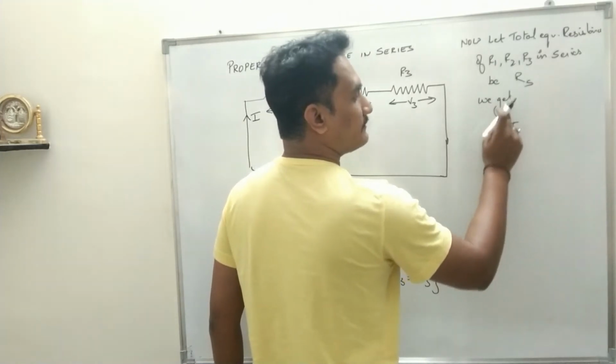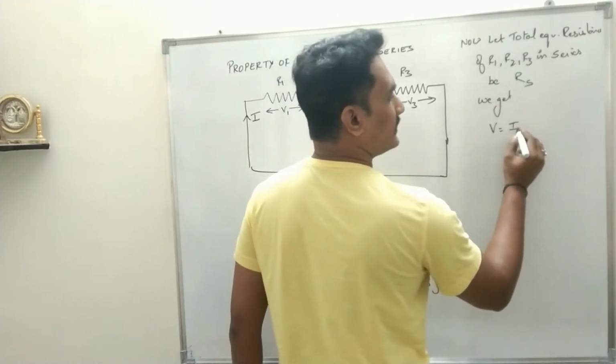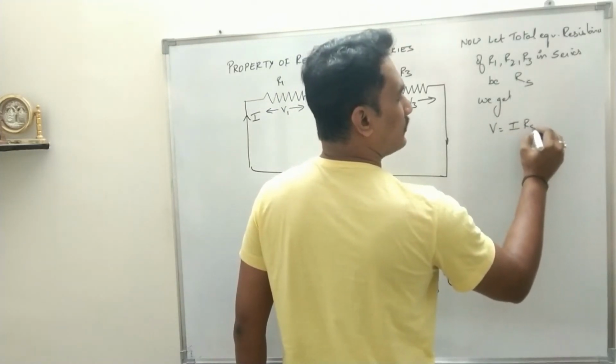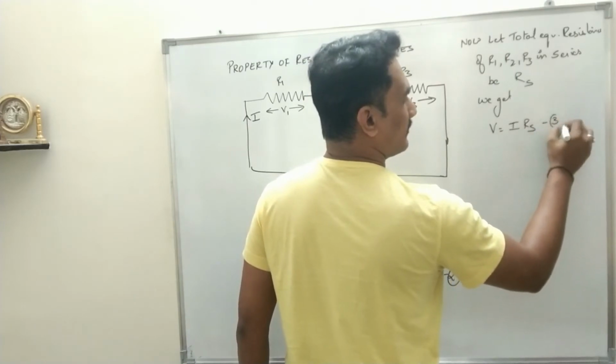So what we get is V is equal to I into RS. So let this be equation number 3.